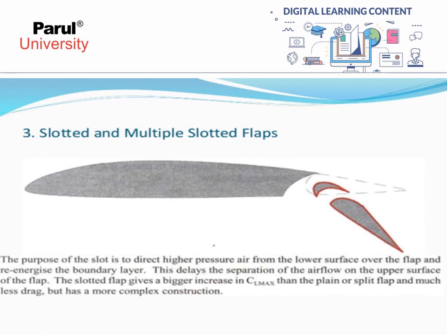The purpose of the slot is to direct higher pressure air from the lower surface over the flap and re-energize the boundary layer. This delays the separation of the airflow on the upper surface of the flap. The slotted flap gives a bigger increase in CL max than the plain or split flaps and much less drag, but has a more complex construction.